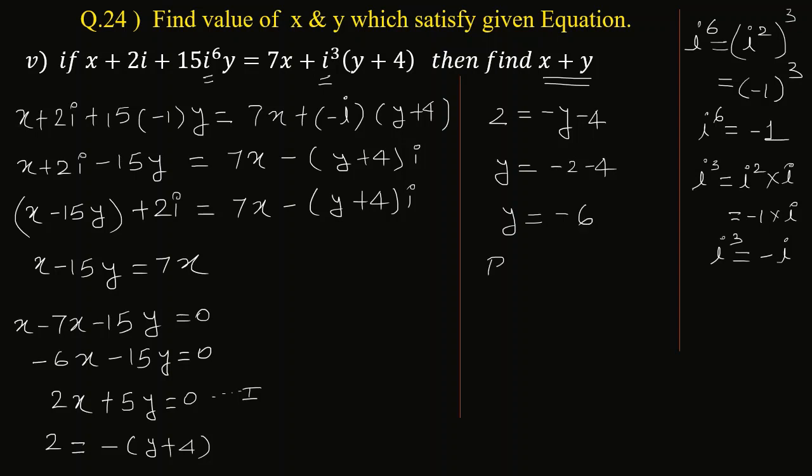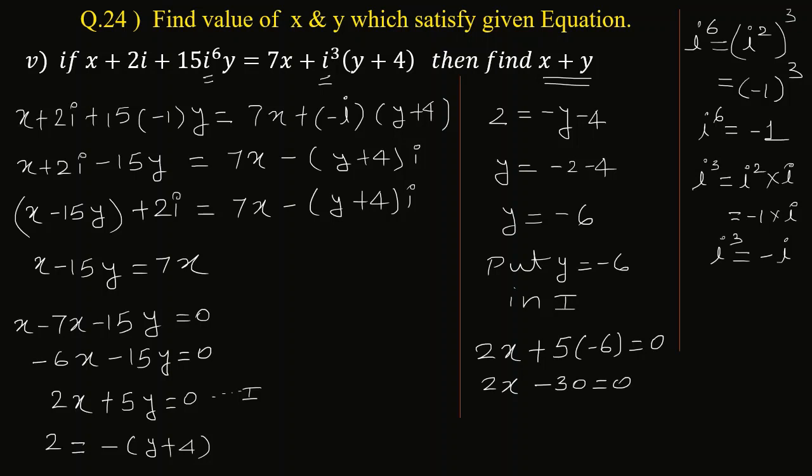And now we substitute this value, putting y equal to minus 6 in equation 1. In equation number 1 we get 2x plus 5y, लेकिन y का वैल्यू तो माइनस 6 है, is equal to 0. So in the next step we get 2x minus 30 is equal to 0.